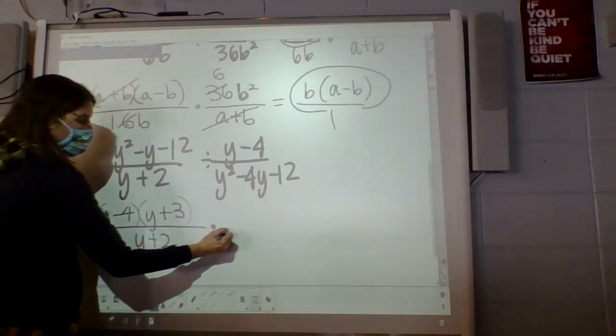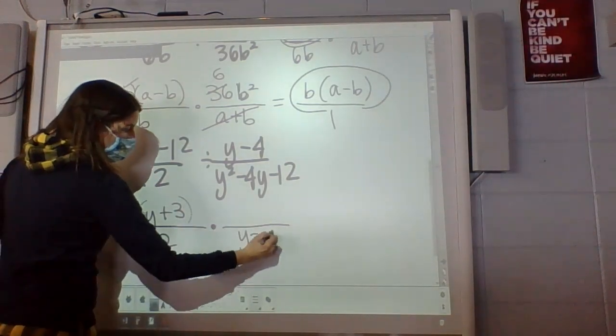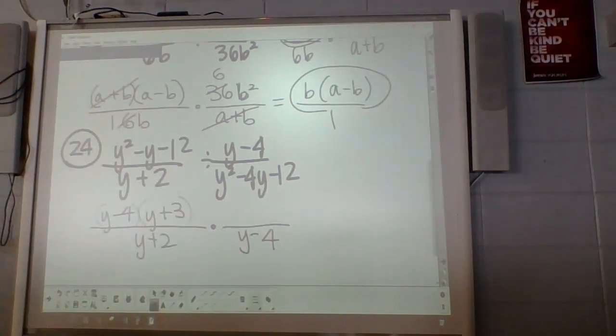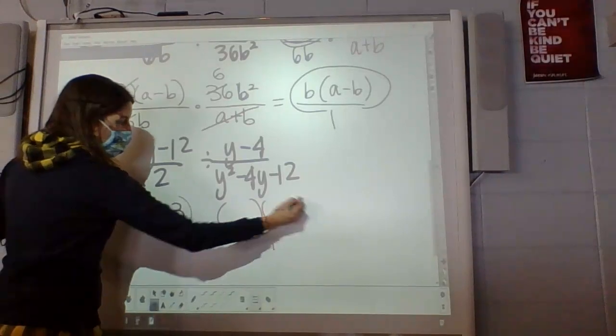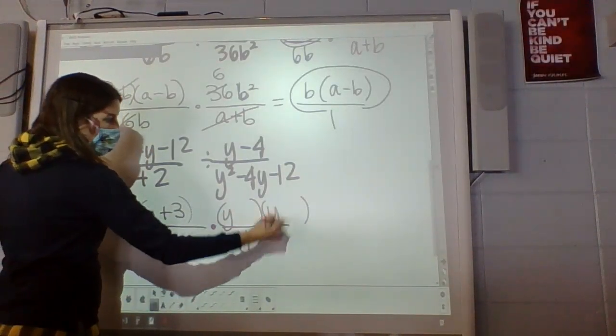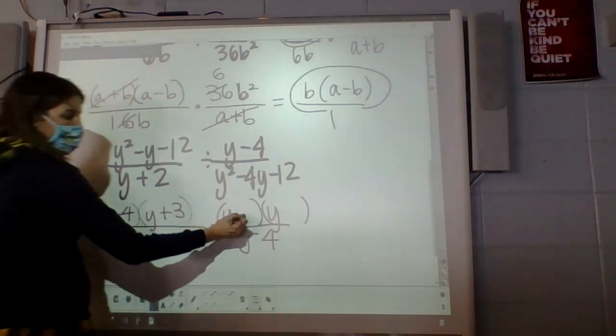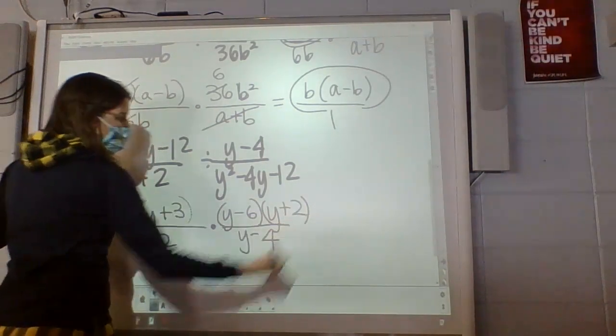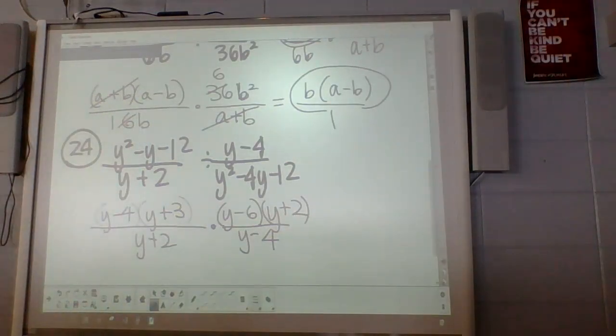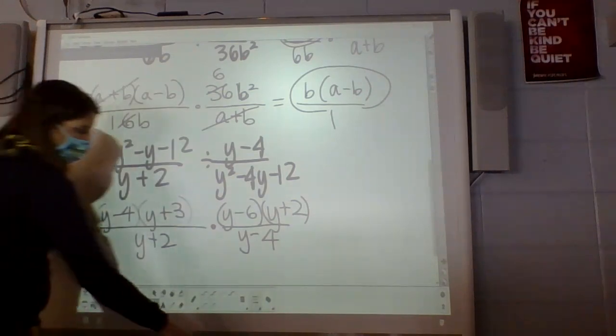I'm going to flip this one over right away, just to save a little bit of space here. So that means I'm going to put the y squared minus 4y minus 12 on top. I'm going to multiply to get negative 12 and add to get negative 4. So that's a negative 6 and positive 2. So now there's some canceling I can do.